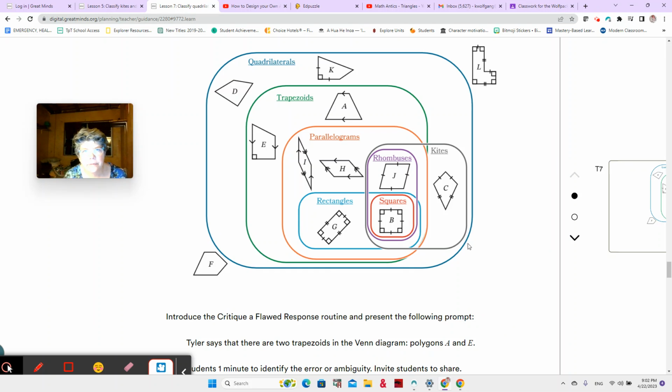I see them here, A and E, inside trapezoids. Are those the only 2 trapezoids? I want you to go into Edpuzzle, question number 1, and tell me what Tyler is missing. What is Tyler not thinking about there?